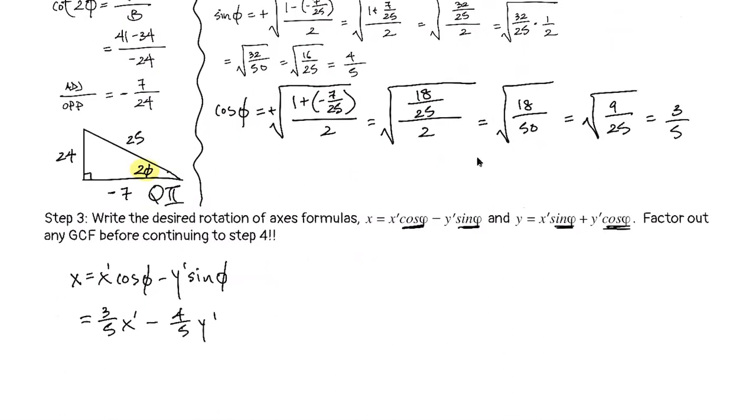And if I do the same thing for y, x prime sine phi plus y prime cosine phi, I'm going to get y equals 4/5 x prime plus 3/5 y prime.